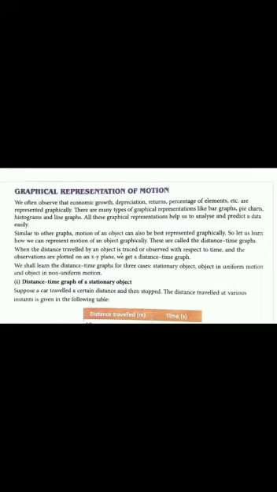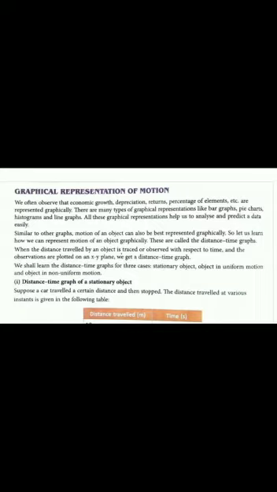We shall learn the distance time graph for three cases. First is a stationary object, second is an object in uniform motion, and third is an object in non-uniform motion. First of all, we should know how to make a graph.